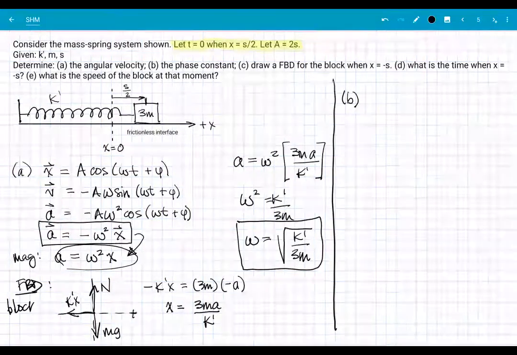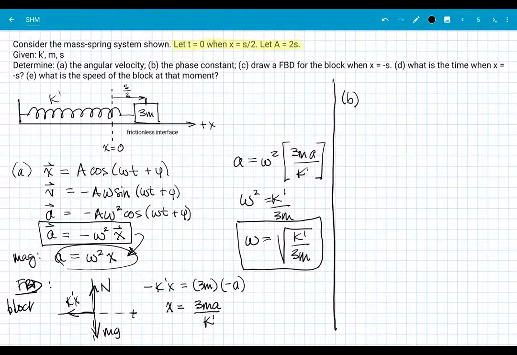Remember that for the cosine function, if you set t equals 0 at x equal to A every time, that maximum value, then phi would be equal to 0, right? If you're using the sine function and you start the clock when x equals 0, then phi is 0 for that function. The behavior is all completely the same, the system would behave the same. So this is really just about starting the clock.